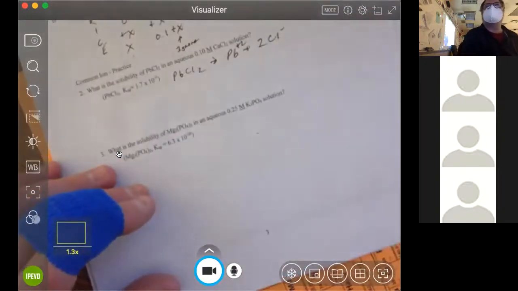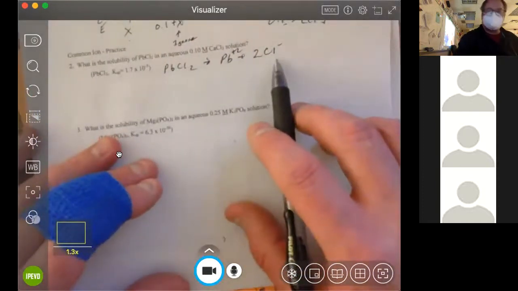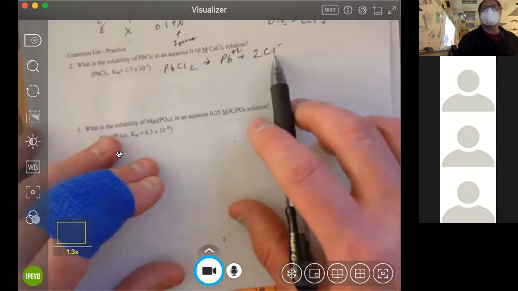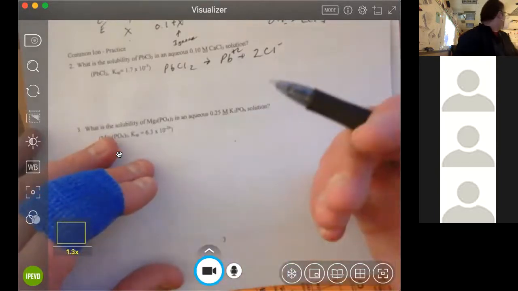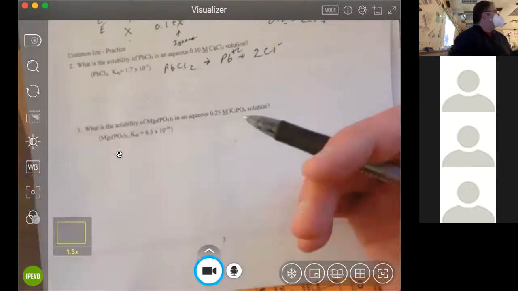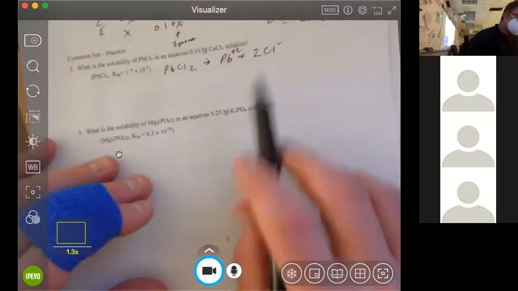The key here is some students get confused and say, well, isn't Cl diatomic? Well, we're not talking about elemental Cl here. We're talking about water molecules surrounding that Cl negative and basically pulling those apart separately. So don't get confused on that.